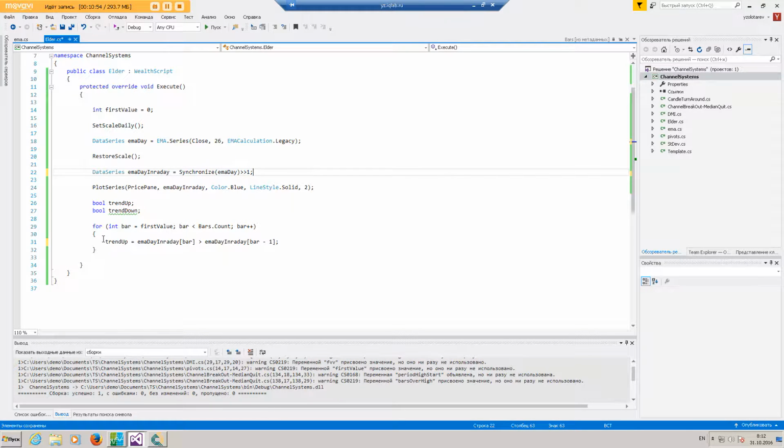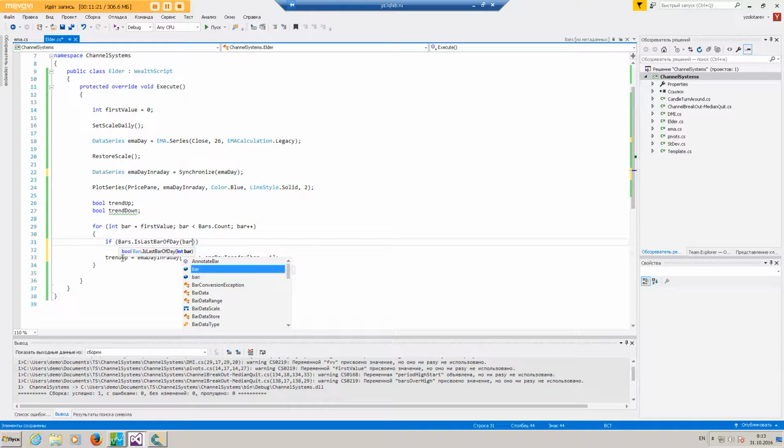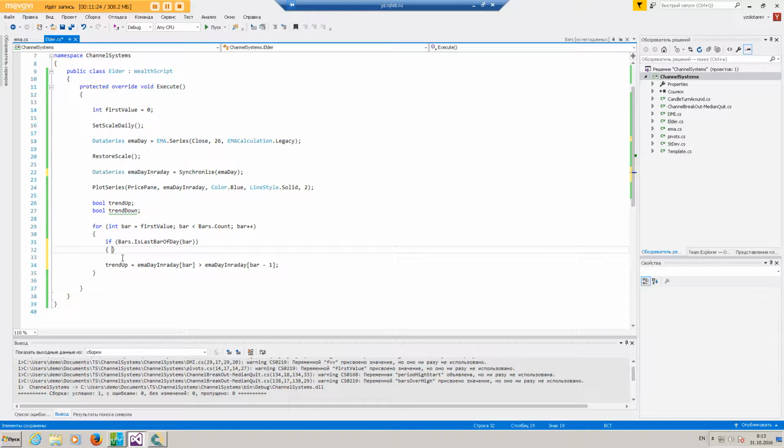So we're standing on the first bar of the day, right? But actually we don't have to. Let's place ourselves at the end of the day bar. Yeah, it was last bar of day. So if we are on the last bar of day, we're going to get that trend up value sorted out.